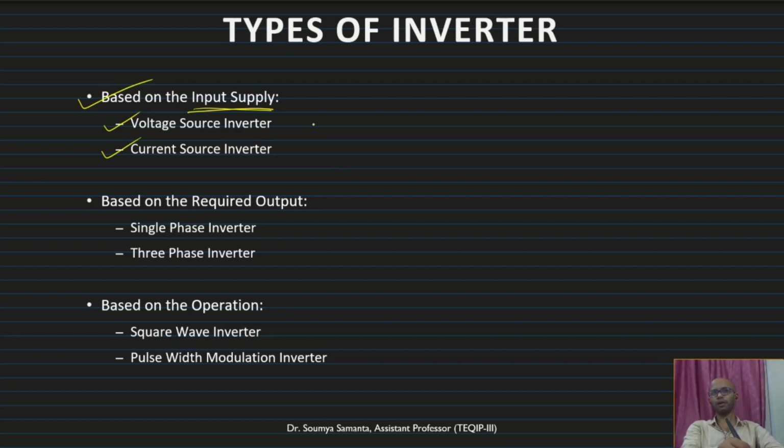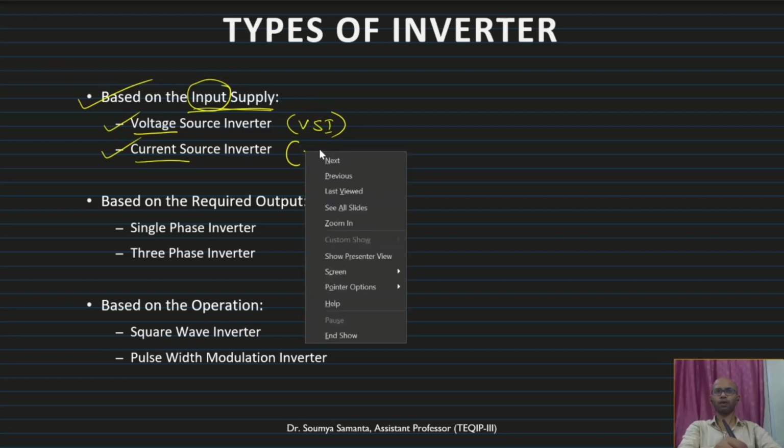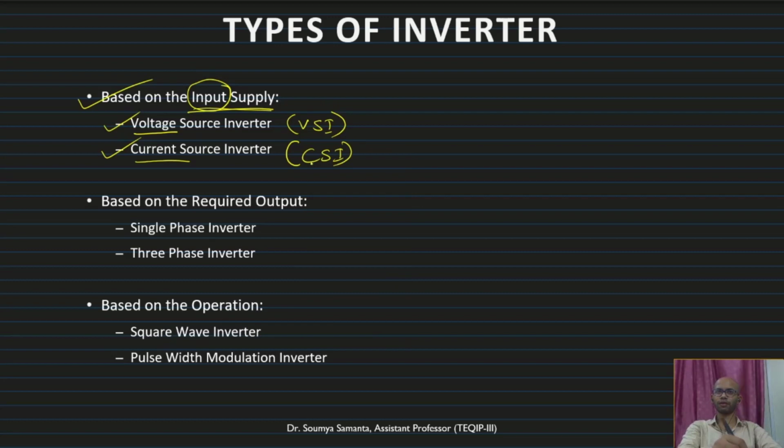If the input to the inverter is a stiff DC voltage, then we call that inverter a VSI, or voltage source inverter. Now if the input supply is a constant stiff current, or a current source, then we call that a current source inverter or CSI.